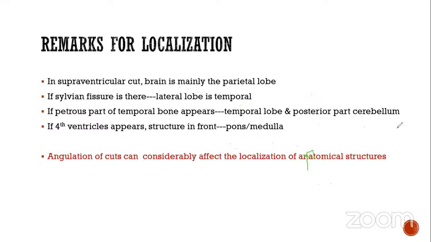If the petrous part of the temporal bone appears, the lateral part is the temporal lobe and not the parietal lobe, while the posterior part is the cerebellum and not the occipital lobe. If the fourth ventricle appears, the structure in front of it is the pons in higher cuts or the medulla in lower cuts. It is important to re-emphasize that the angulation of cuts can considerably affect the localization of the anatomical structure.